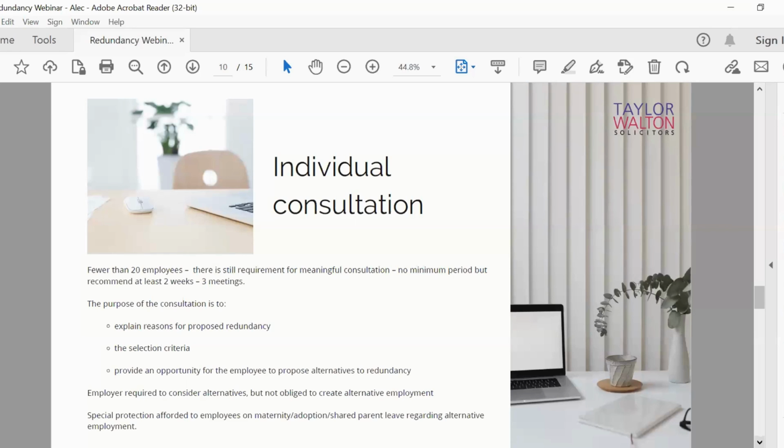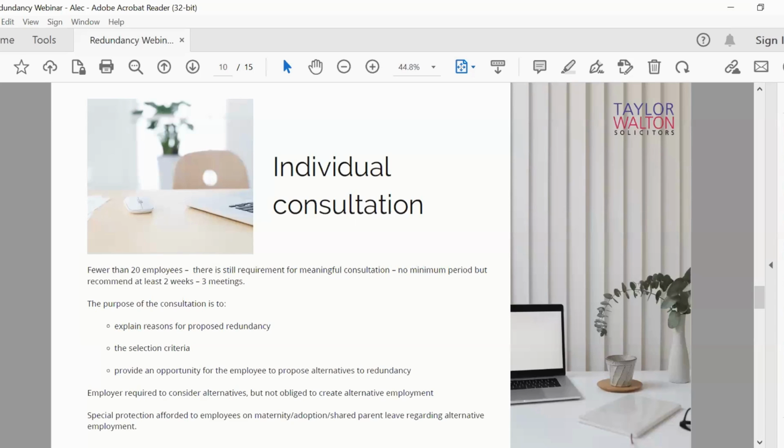And also, the purpose of the consultation is to see whether redundancy can be avoided, and there is a duty on the employer to try to mitigate the effects of the redundancy proposal. So that means proposing, perhaps the employee proposes an alternative to redundancy. For example, a reduction in hours.